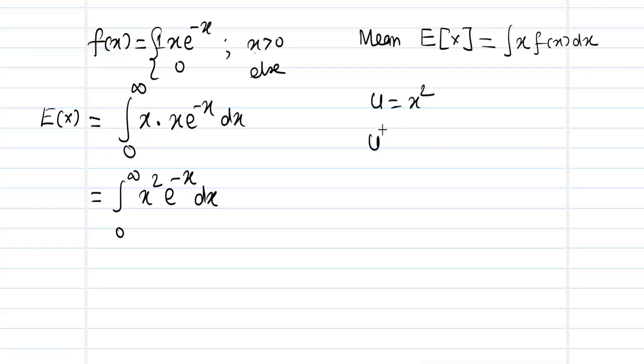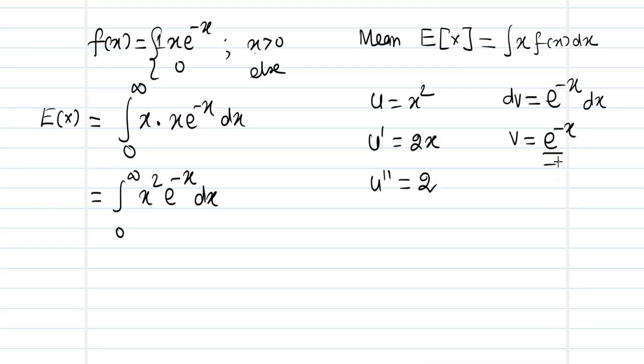What will be the first derivative? u dash will be equal to 2x. And u double dash will be equal to 2. Now go for integration of dv. dv is e power minus x dx. So v will be equal to e power minus x by minus 1.